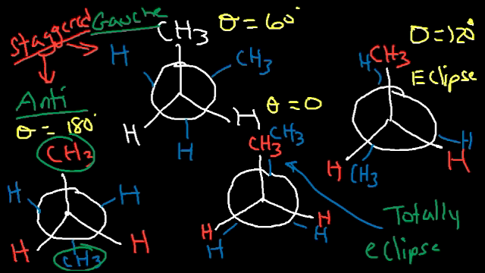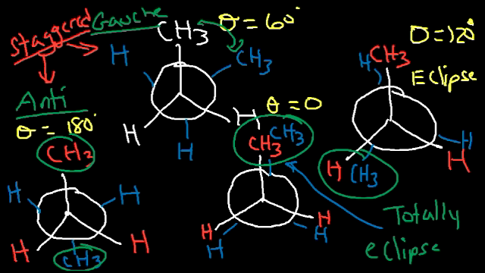In the eclipse conformation, you have a torsional strain and a small amount of steric strain. Here you have a large amount of steric strain because the two bulky methyl groups are clashing. And in the Gauche conformation, you have a small amount of steric strain. It's still there, but it's less than the totally eclipsed conformation.